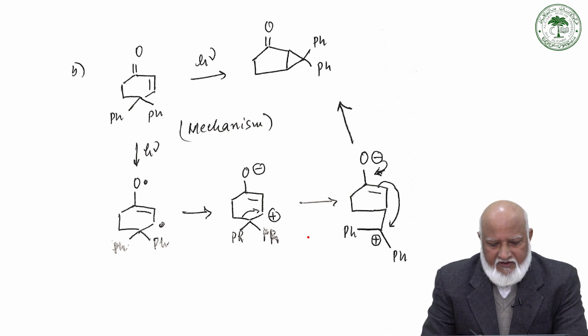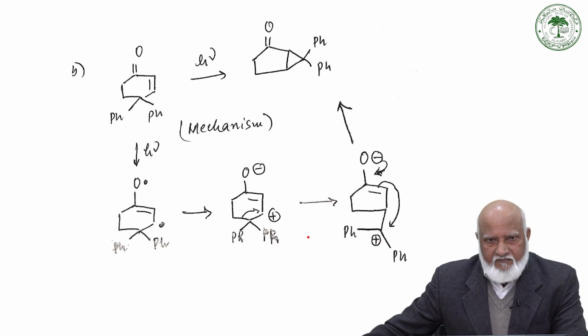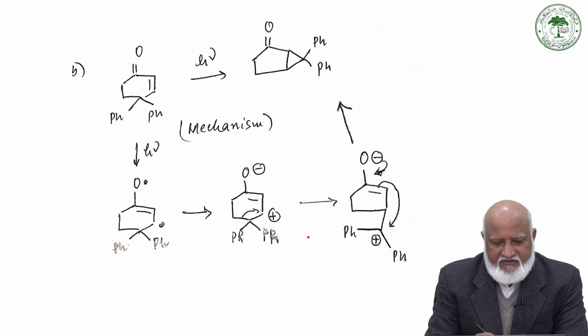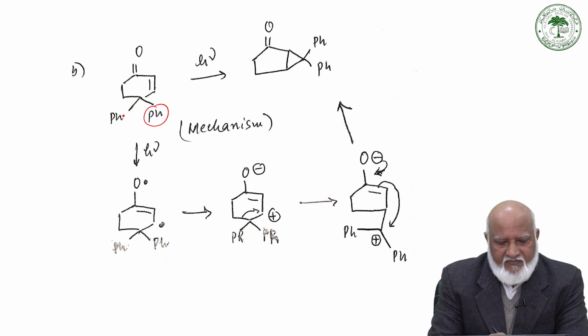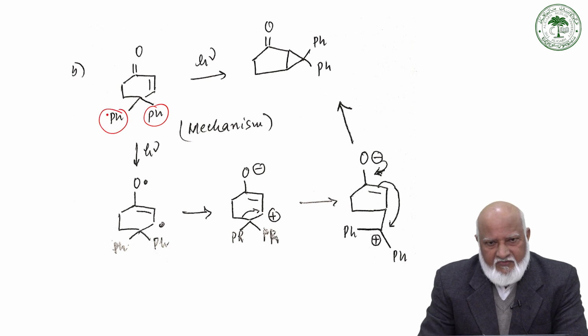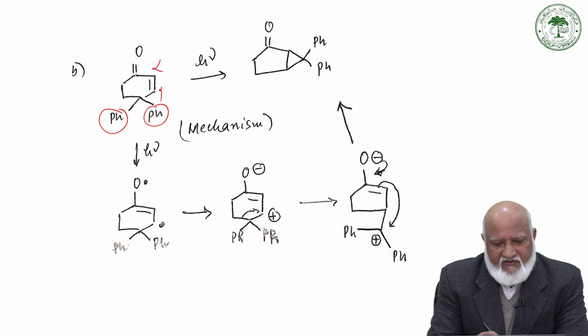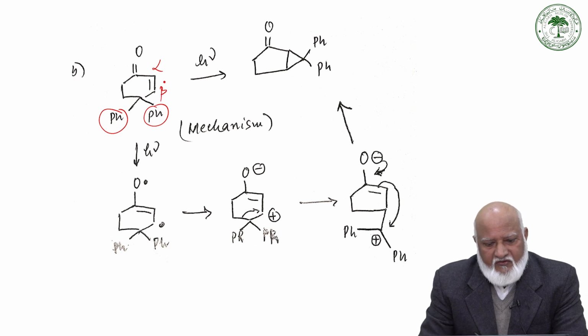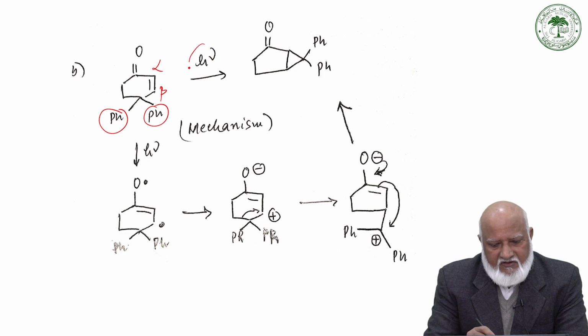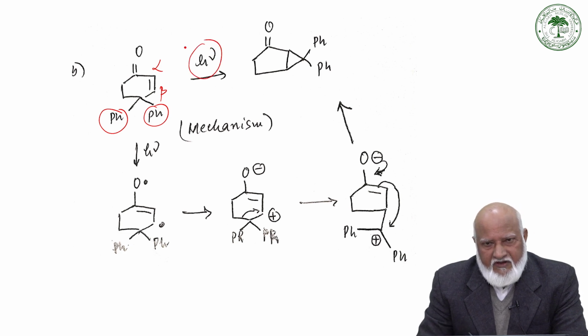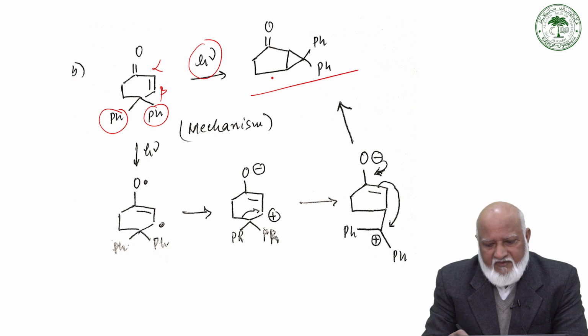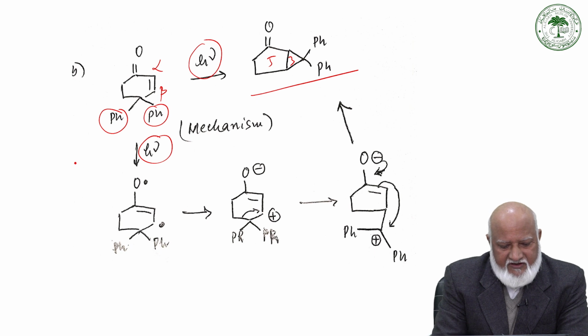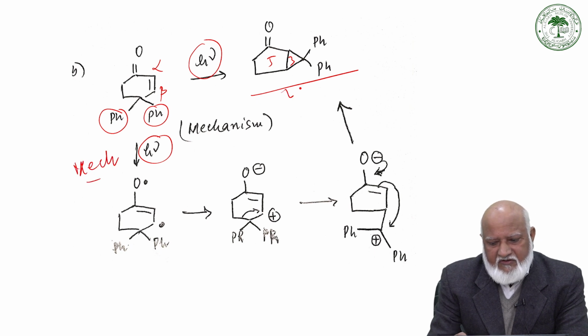So this is the first system. Here we have taken the diphenyl substituted system, 4,4 diphenyl cyclohex-2-enone, which is the starting material we have just discussed, and under photolytic conditions this is the product, the 5,3 system. Now the mechanism.